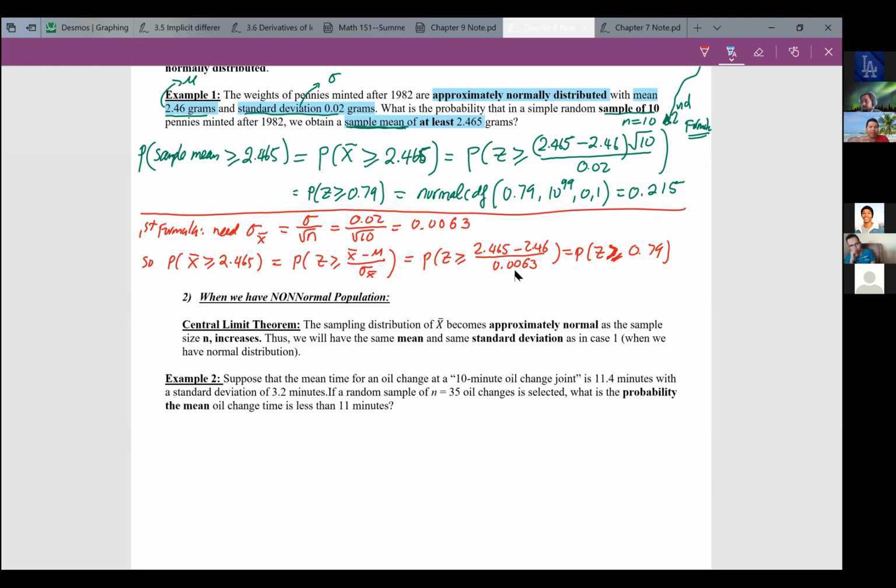That's what they meant by the central limit theorem, right? When you do more and more trials, you give every possibility the same chance to happen. So with a big sample size, we do not have to worry whether the population is normally distributed or not. That's the idea of the central limit theorem. Okay.